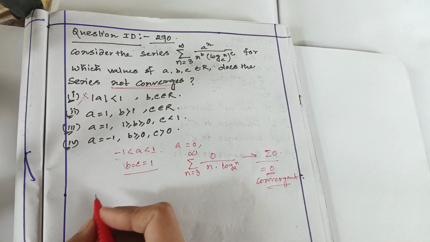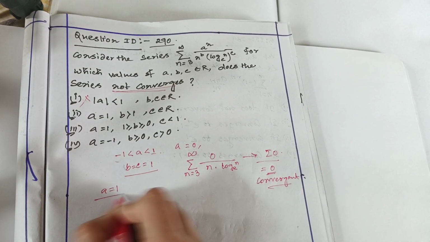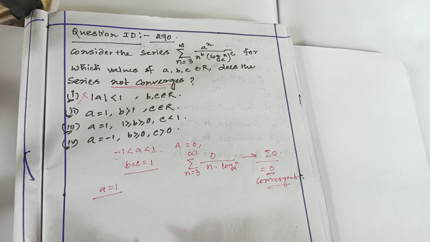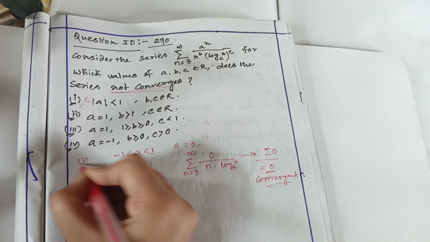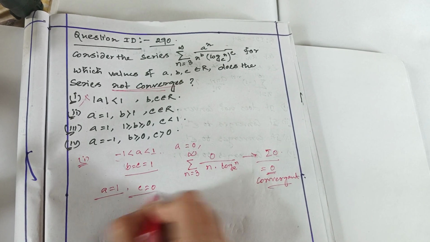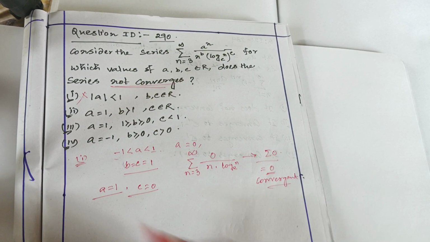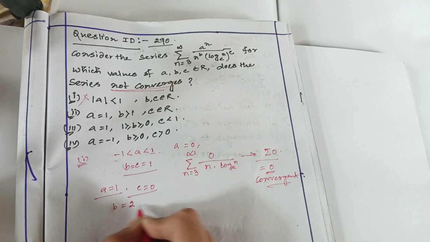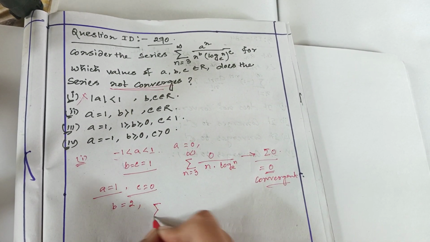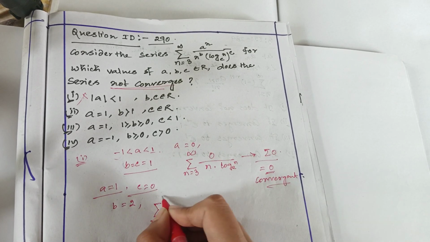Okay. Now we take a equals 1 and c any real number. So if we put c equals 0 and take b greater than 1, say b equals 2, we can write summation of n equals 3 to infinity.